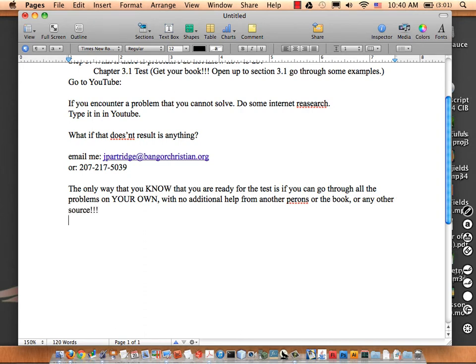Once you can do that, you know you're ready for the test. So don't confuse familiarity, and I was plagued with this myself when I was learning this stuff. I would look at a problem all the time, studying for a test and just looking at it and saying, well, I know the angle addition postulate, or I know the HL congruence. That makes sense. But when I actually had to sit down and do the problem in the test, my mind would go completely blank. And the reason why my mind went completely blank is because I was only familiar with the problem. I didn't really know how to go through the problem.